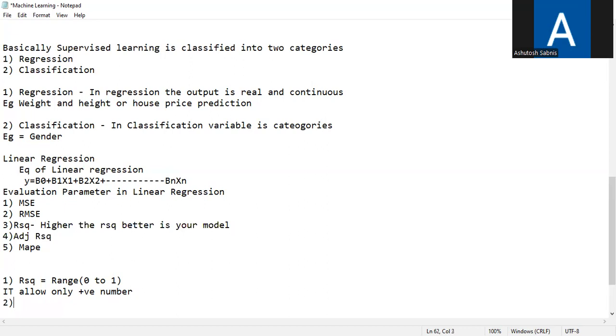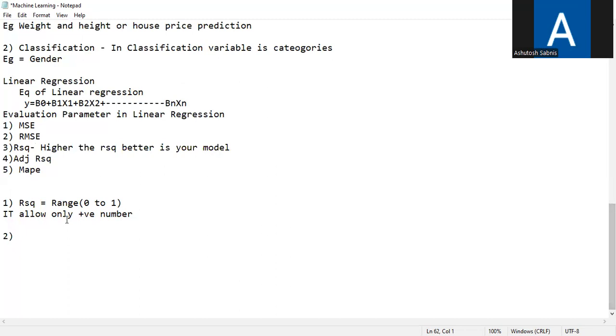The second one I will take is adjusted R square. Why are we taking adjusted R square? Because in R square we are considering the insignificant columns that are not useful in prediction. R square contains both significant and insignificant columns. We don't need insignificant columns for the prediction. So we are considering adjusted R square as our evaluation parameter, as it doesn't contain insignificant columns.